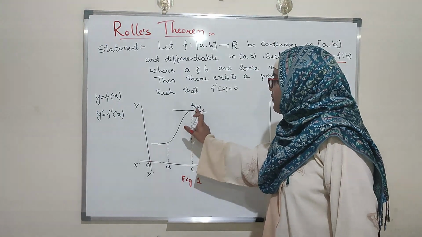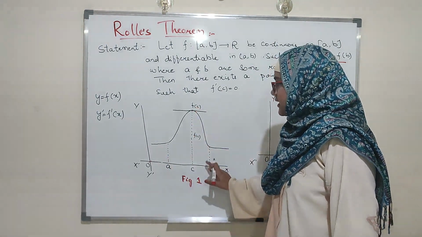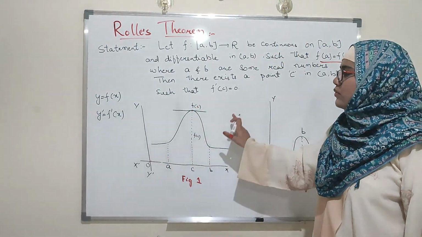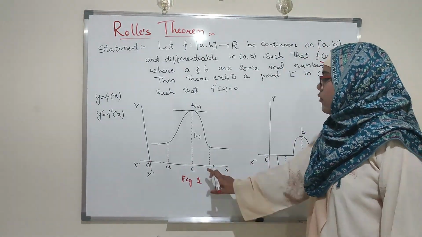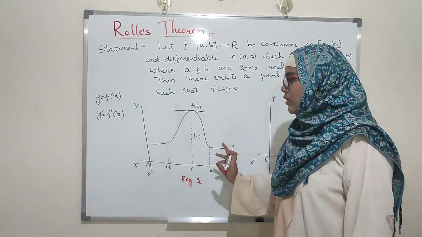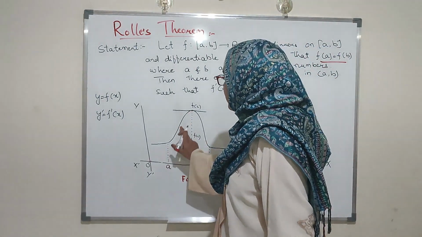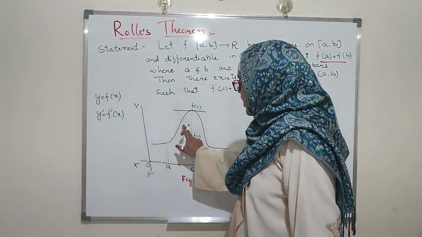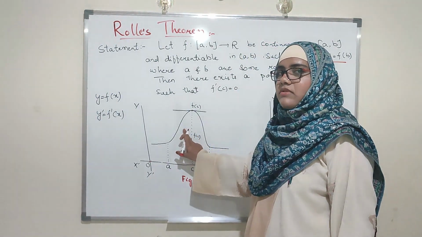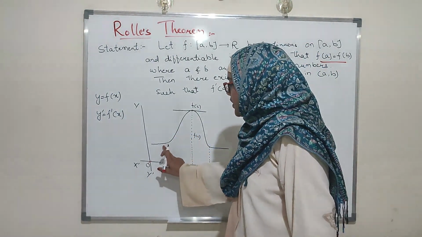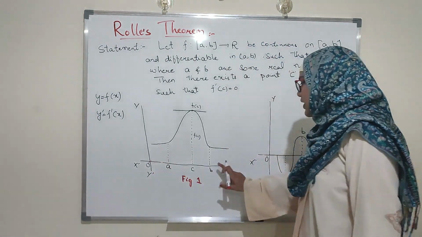So see here, the value of f of x varies. The slope of the tangent to this curve varies in between the points A and B, and there exists a point C in between A and B. We can observe that the slope of the tangent to the curve will become 0 at least at one point in both the graphs.